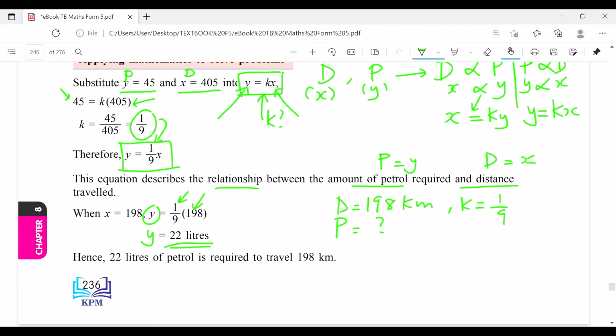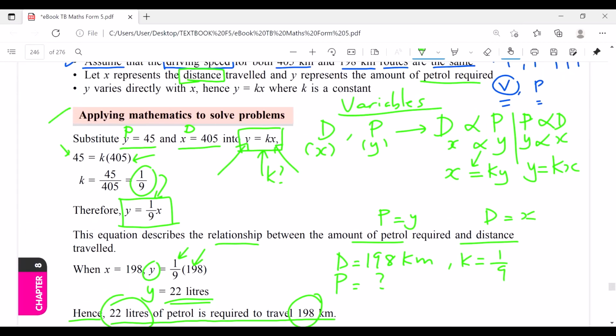So hence 22 liters of petrol is needed to travel 198 kilometers. So you have applied, this part is the third one, you have applied the mathematics to solve the problem.